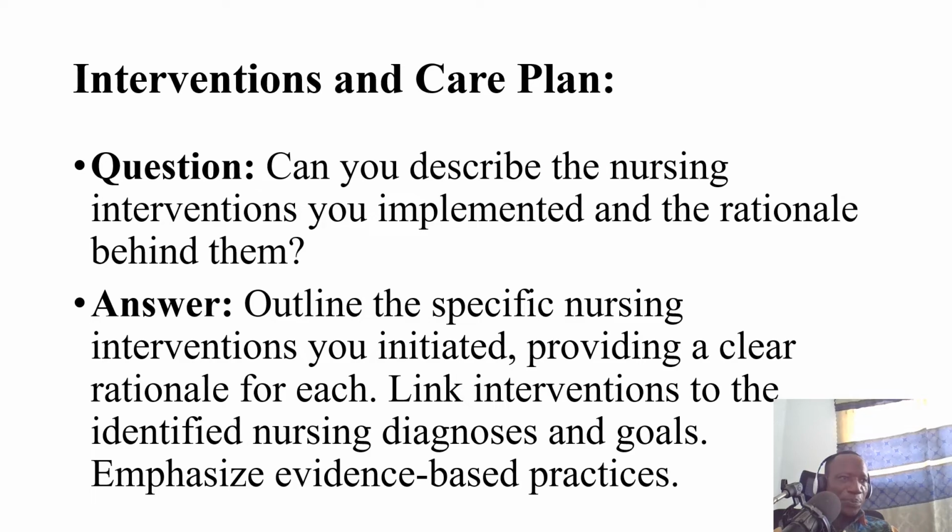So let's assume inadequate nutrition, less than body requirements. And you say that the patient will retain his nutritional status throughout the period of hospitalization, as evidenced by the patient maintaining his weight, or the patient verbalizing that he can now eat. So the intervention is, you need to assess the nutritional status of the patient.